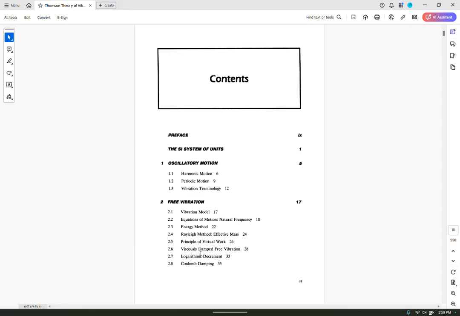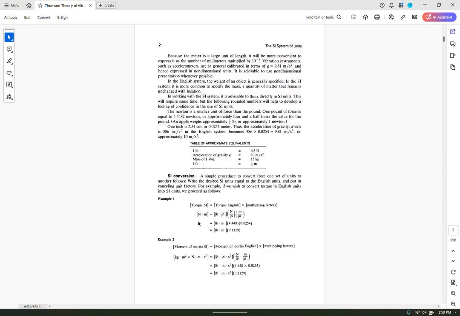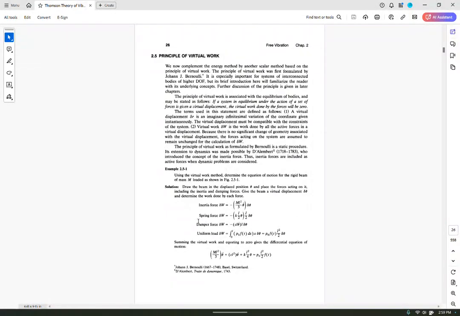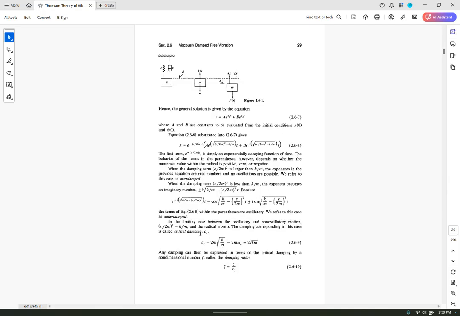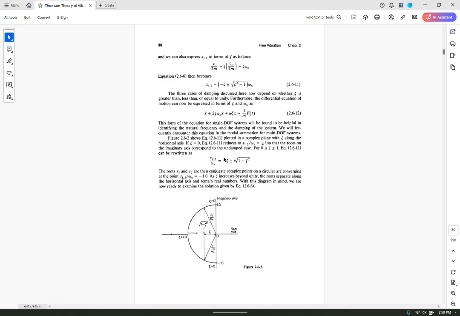Viscously damped free vibration on page 28. So they're using s's instead of lambdas, and they're not using sines and cosines, but they're using the e raised to the value, but they are interchangeable with very few exceptions.